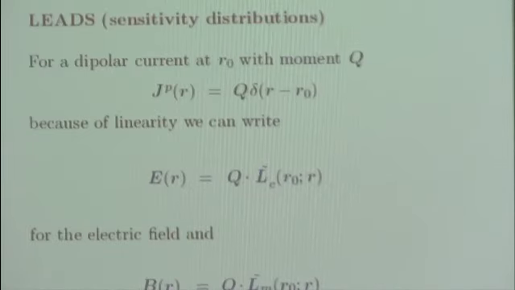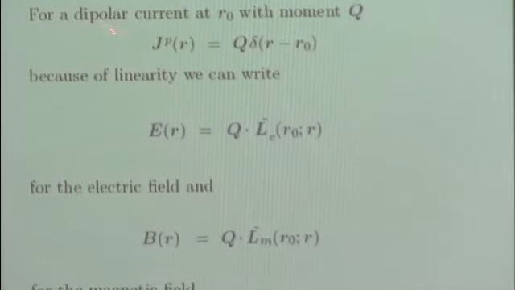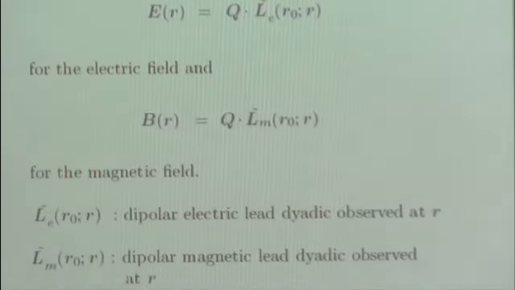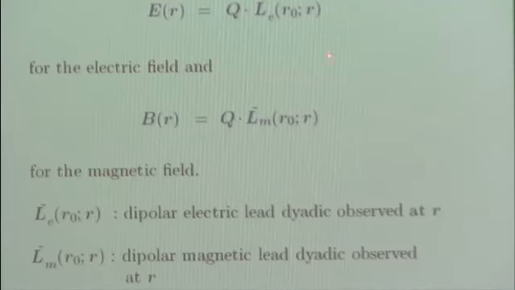Okay. For medical practice, people want information about what they call lead fields. For the mathematician, this is basically the lead field for the electric potential. The electric field is something like the Green's function for electroencephalography, and the magnetic field is the Green's function for magnetoencephalography. If you take a dipolar source, a dipole at a point r naught with moment q, then the electric field is written like that.